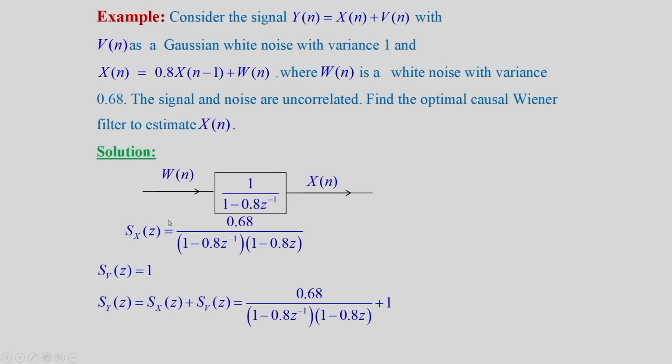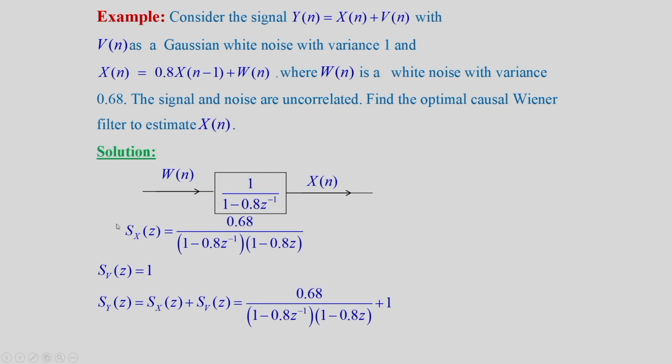So we can find the power spectral density of x(n), that is given by Sx(z), which is equal to 0.68, that is the variance of w(n), divided by 1 minus 0.8 z inverse, that is H(z), into 1 minus 0.8 z, which is H(z inverse).